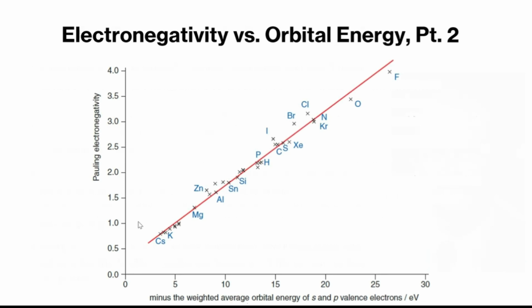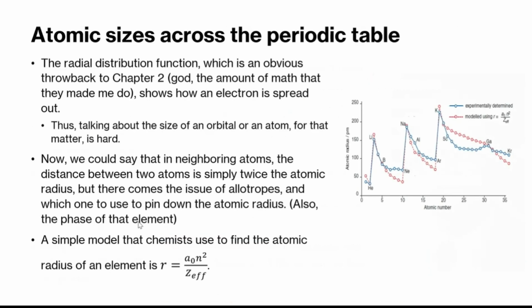So that's something neat to know about Pauling electronegativity values. And just how, in my opinion, how impressive it is that this man was able to quantify electronegativity in such a way.